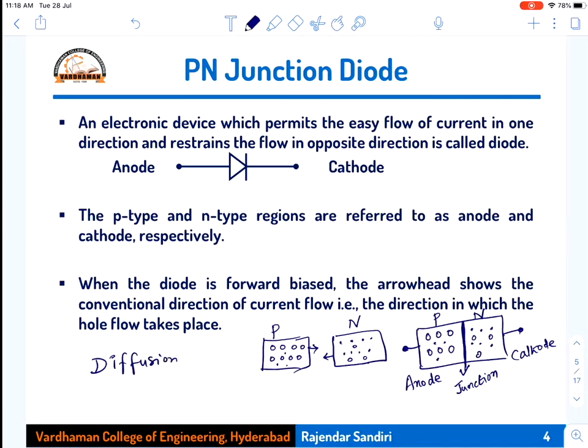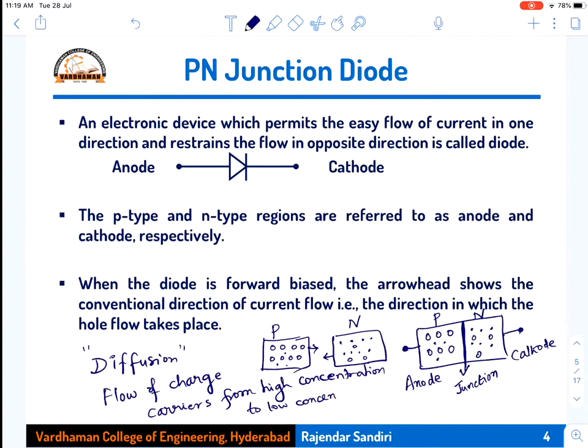Diffusion is nothing but the flow of charge carriers from high concentration to low concentration.